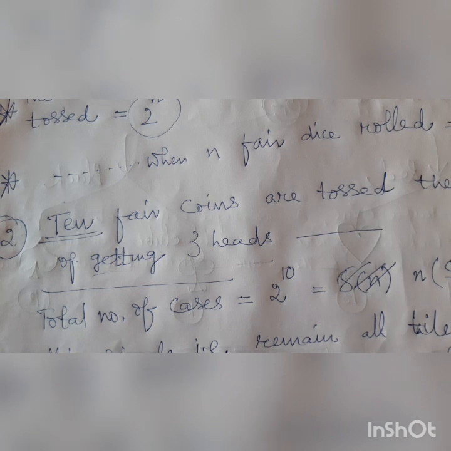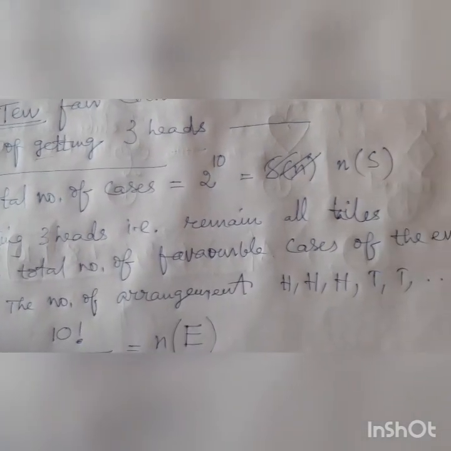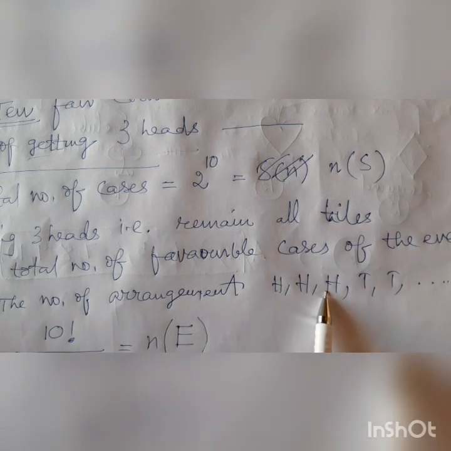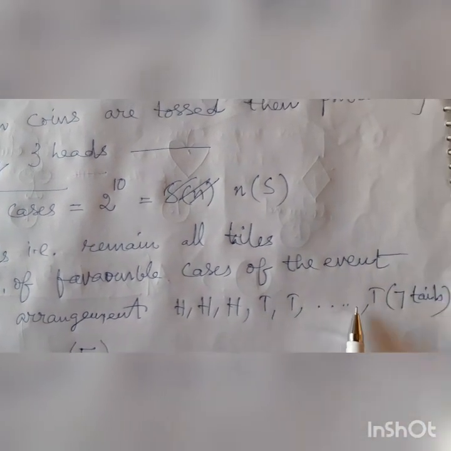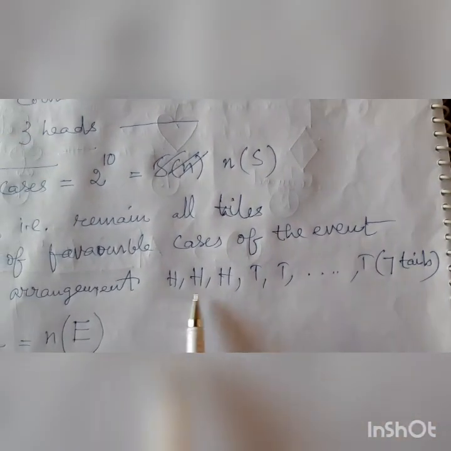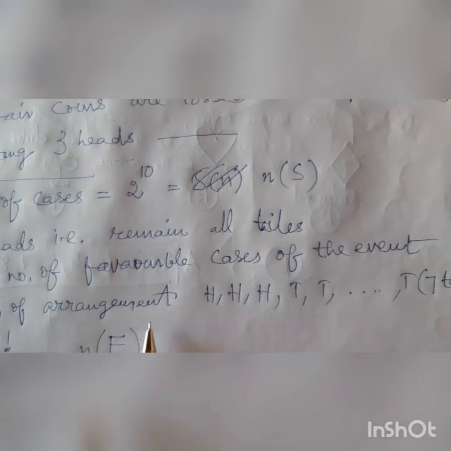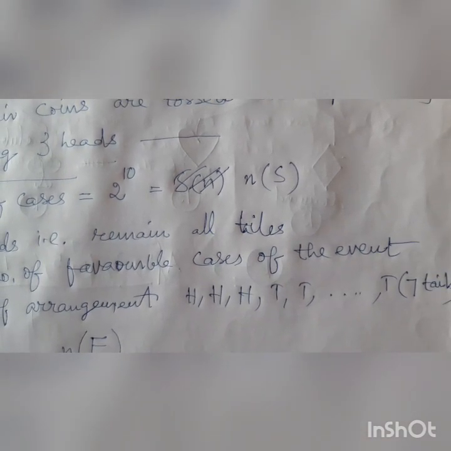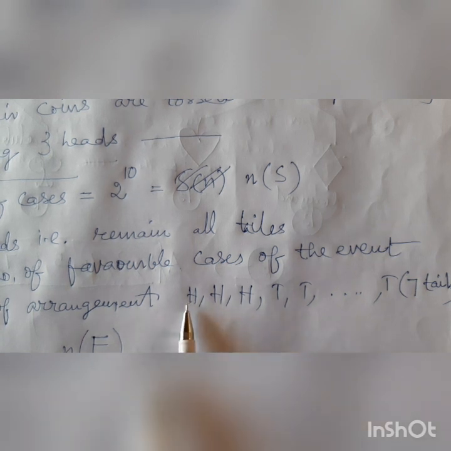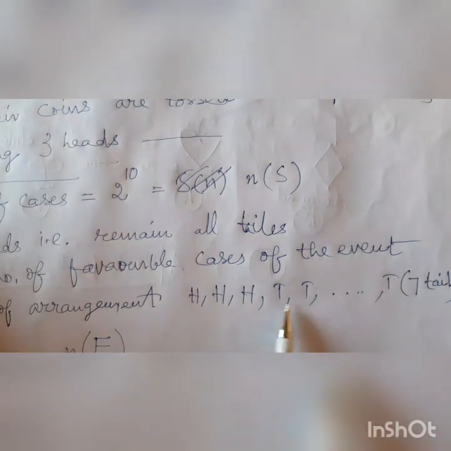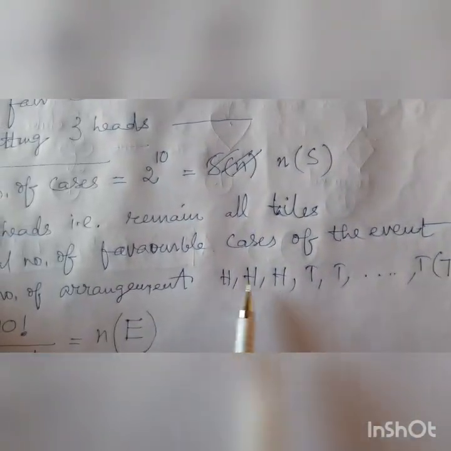10 fair coins are tossed. Suppose it may be 3 heads and 7 tails, total 10 coins. After tossing, the 10 coins turn up on the land as H, T, 7 tails and 3 heads like this.